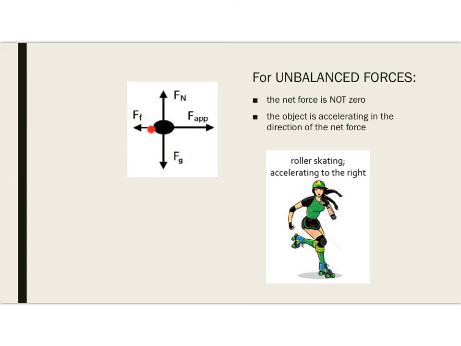We have the friction between her skates and the ground, but then notice that the applied force vector is much longer than the friction force vector. That means that she's applying more force in this direction than friction is going the opposite way. And so we can see that this is quite a bit longer and she's going to be accelerating in that direction.